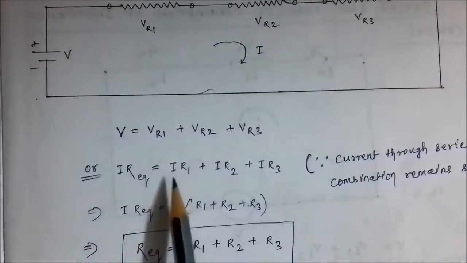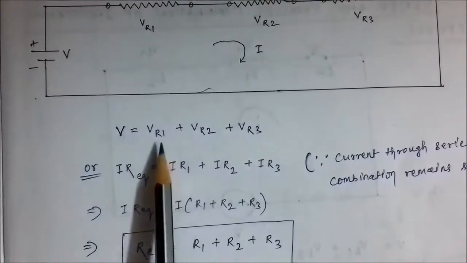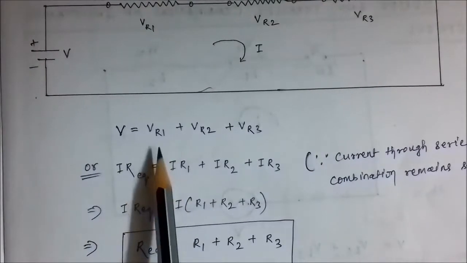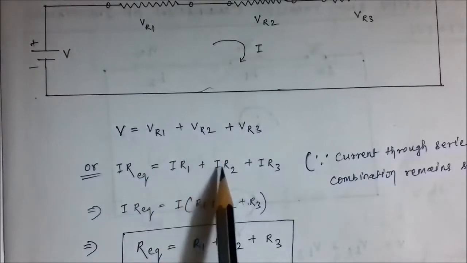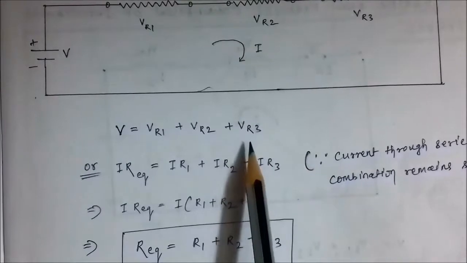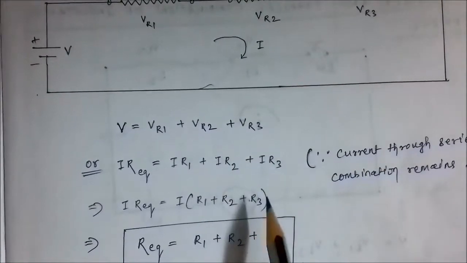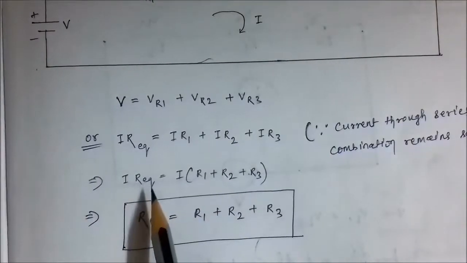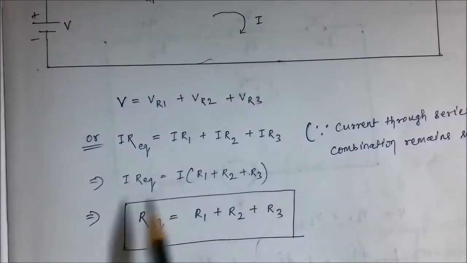Now as the same current is flowing through each of the three resistors, we can replace VR1 as I into R1, VR2 as I into R2 and VR3 as I into R3. So here I into R equivalent is equal to I into (R1 plus R2 plus R3).